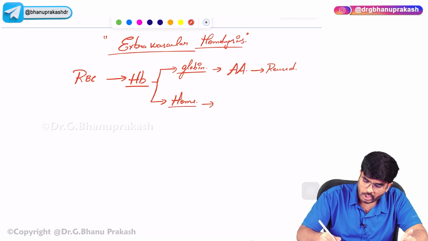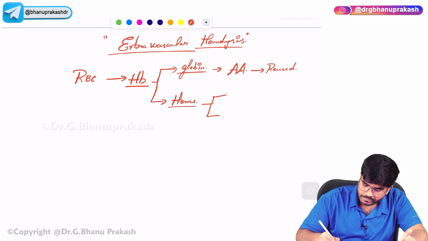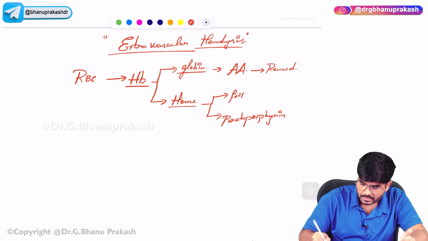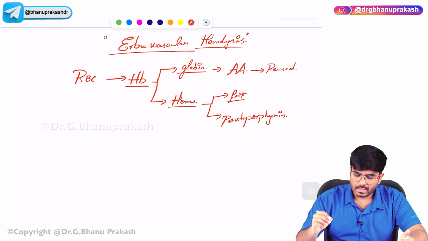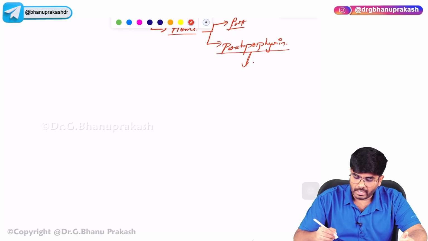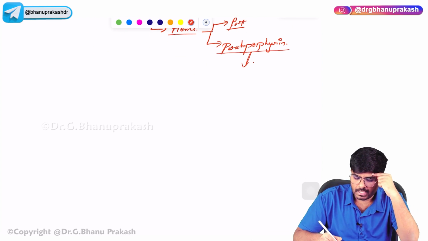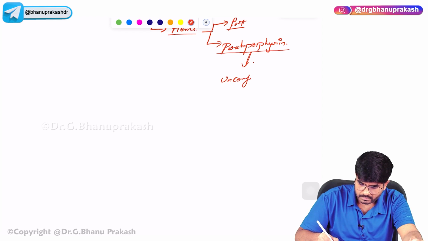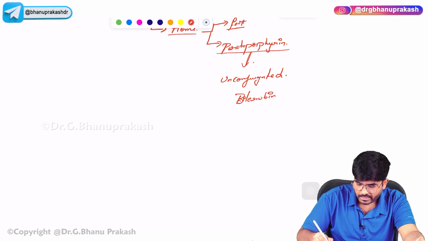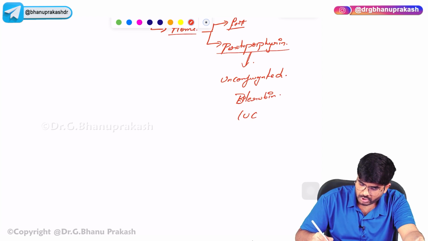What about the heme then? You already know it. Heme is going to split into iron and protoporphyrin. Iron will be reused by the body. What about the protoporphyrin? It will be broken down into a substance called unconjugated bilirubin, in short form UCB.